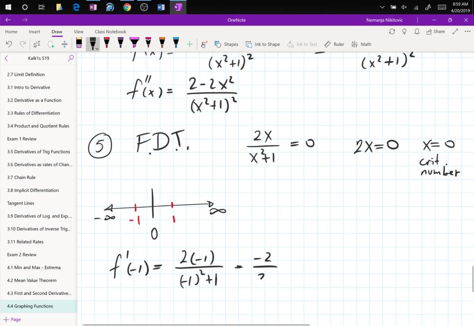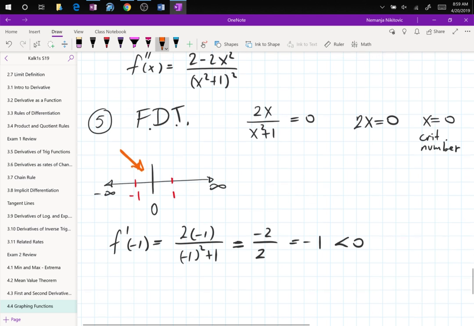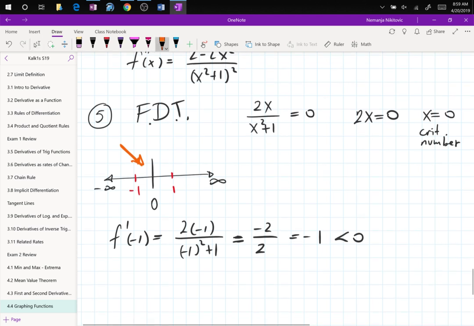This is -2 over 2, which is -1, which is less than 0. So we have a decrease. Since the first derivative is less than 0, we have a decrease on our function.